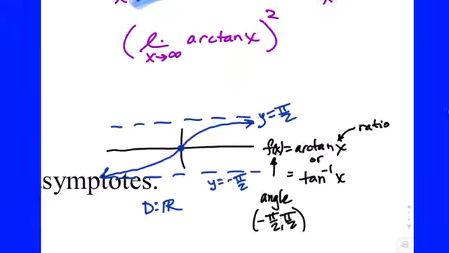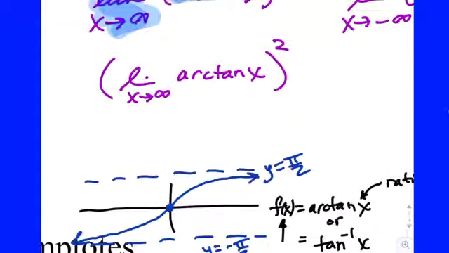Well, if I can use the property of limits to write it like the purple above, what would the limit as x goes to infinity of arctangent be? Pi halves. Yeah, very good. That's the horizontal asymptote, so that becomes pi halves. Now we just square the result, and we end up with pi squared fourths as the answer.